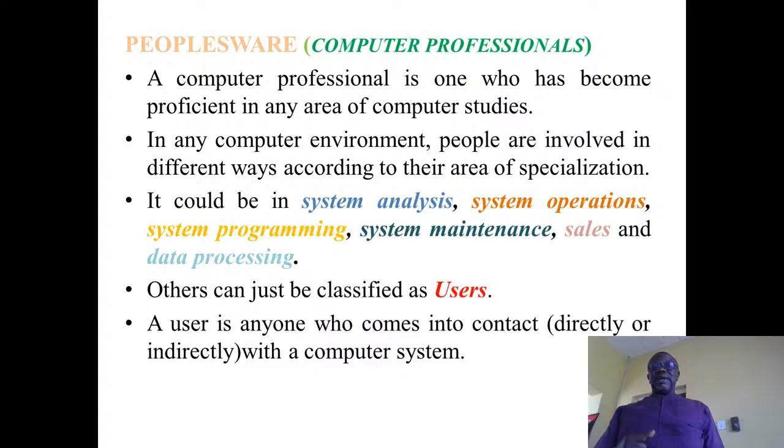In any computer environment, people are involved in different ways according to their area of specialization. It could be in system analysis, system operations, system programming, system maintenance, sales, and data processing. Others can just be classified as users. A user is anyone who comes into contact directly or indirectly with a computer system.